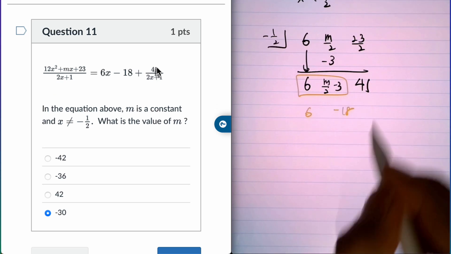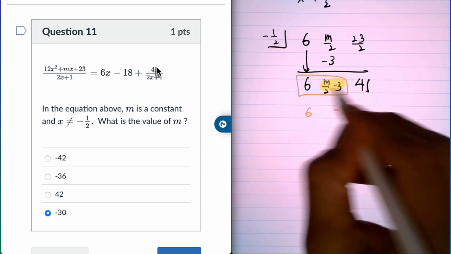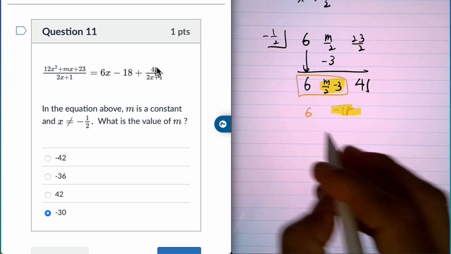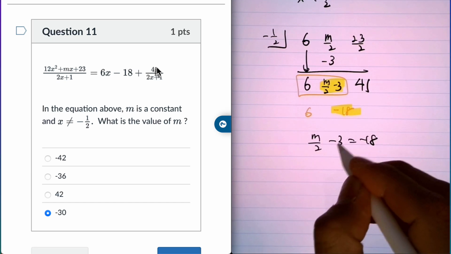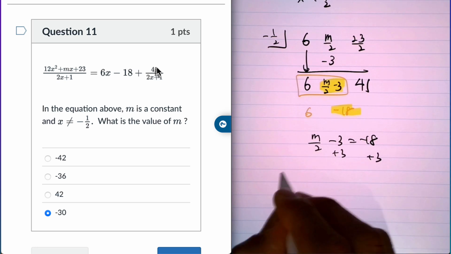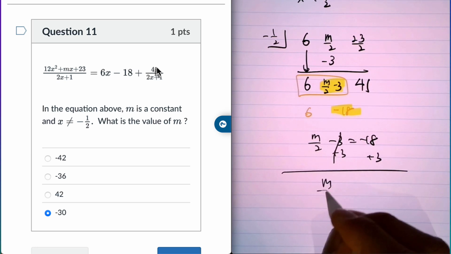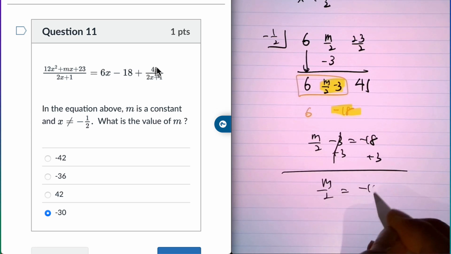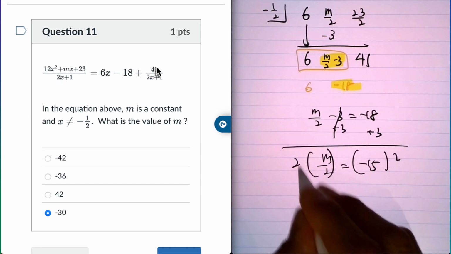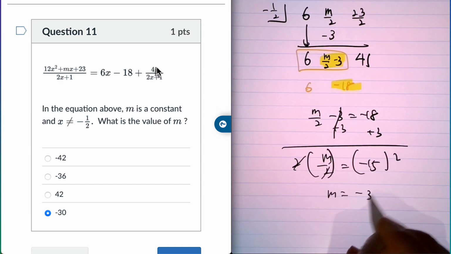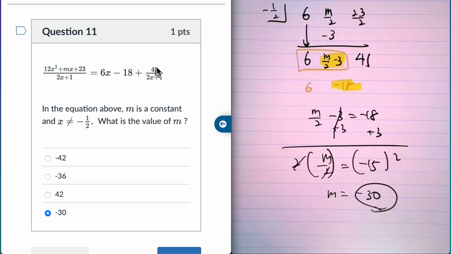So when you set these equal to each other, I'm going to highlight the part we're going to set equal to each other. That's m over 2 minus 3 equals negative 18. If you add 3 on both sides, you get m over 2 equals negative 15. And when you multiply by 2, you get m equals negative 30. So there is a second method.